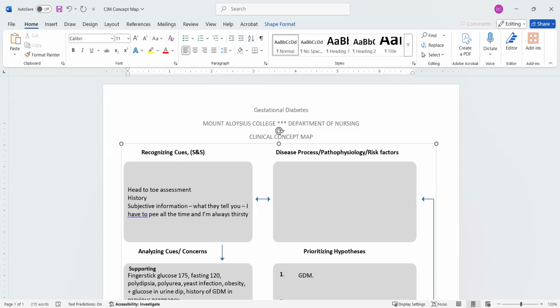Any of the bleeding disorders like placenta previa, abruptio placenta, spontaneous abortion. They're all in that slide deck, and I'm sure there are other ones in there that you could complete this on to help you get a good idea of what you need to study.